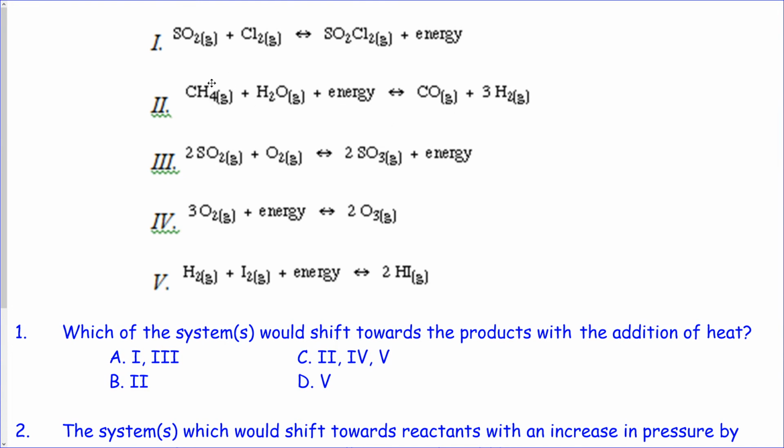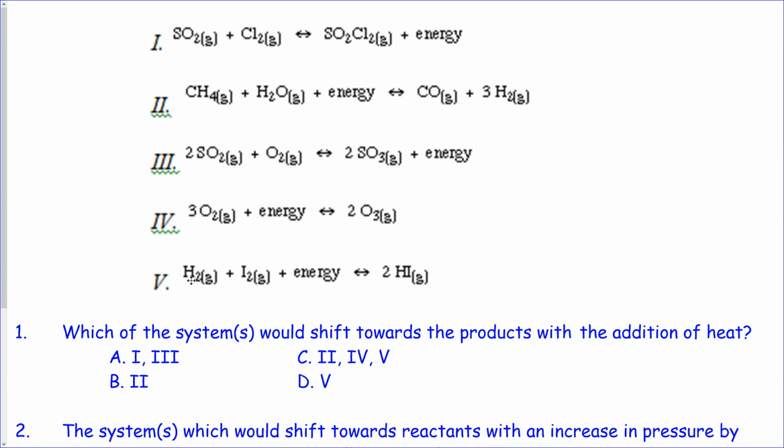For number 2, I have 2 on the left, 4 on the right. In this case, yes, I have a smaller amount on the left. It's going to shift toward the left, the reactant side. So 2 is one of my options. For number 3, I have 3 and 2. Once again, it's going to shift toward the product. I don't want that one. Number 4 was 3 and 2 as well.